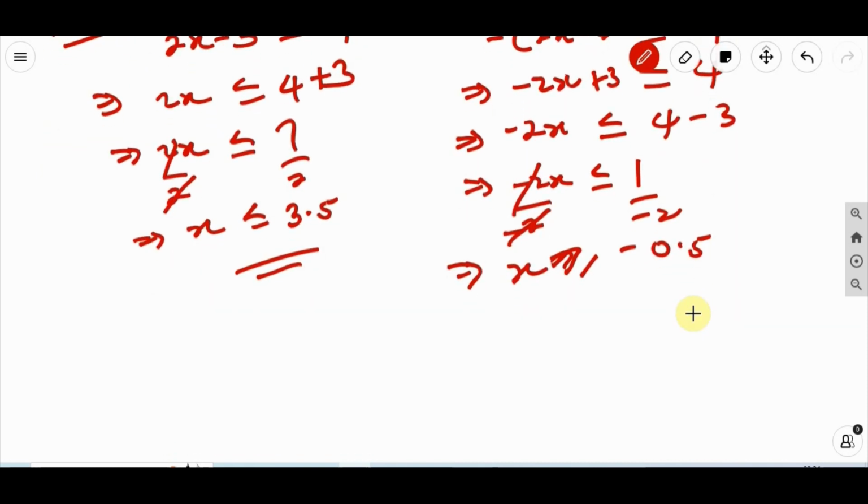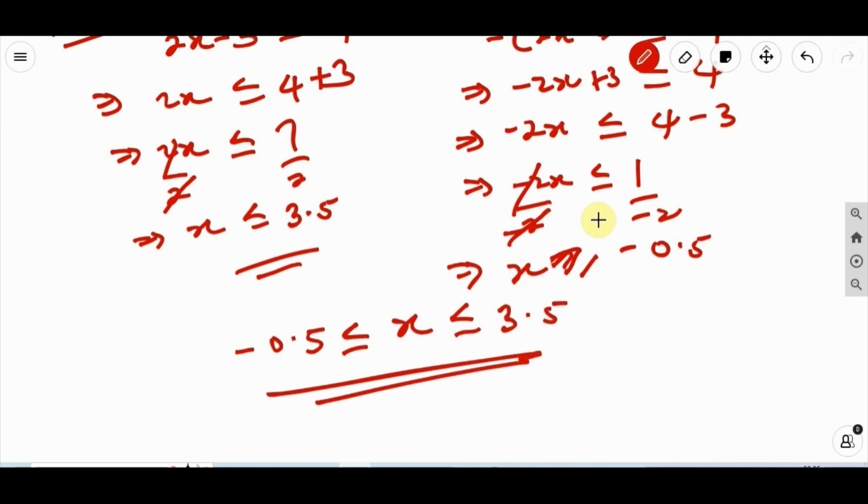So this is x is greater than or equal to minus 0.5. That means minus 0.5 is less than or equal to x. So it can be written as minus 0.5 is less than or equal to x, and x is less than or equal to 3.5. So this is the answer. It can be represented this way.